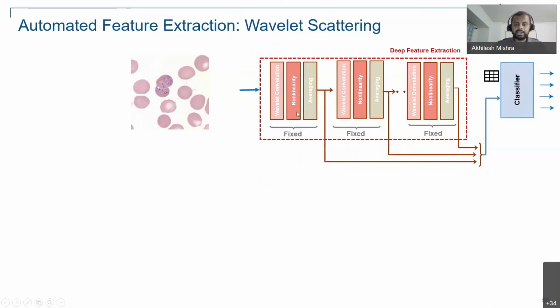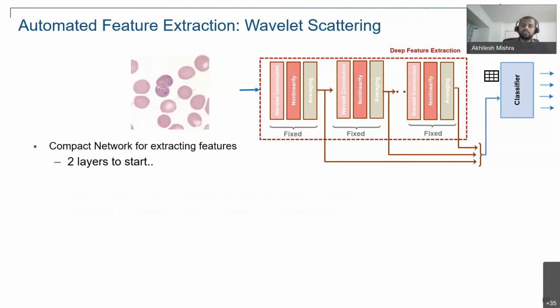For the non-linearity operation, we apply a modulus to the data, and then we also do some averaging. Layer after layer, we split the image and throw it onto those filter banks, and we get some outputs, which we call the subtle features, which can be used for classification.